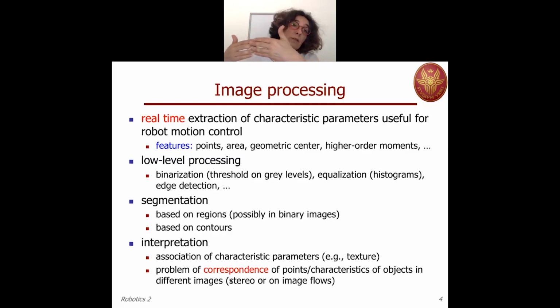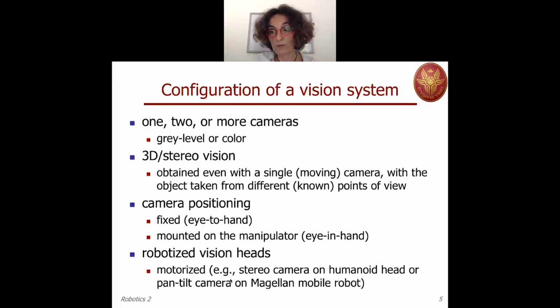First of all, when the object is moving and we want to track it, we need to find these correspondences. And if we are looking at the same scene from two different points of view, the so-called stereo vision, then we need to know on the respective image planes which pixels actually refer to the same object in the 3D space. So this is a problem of finding the correspondences between pixels.